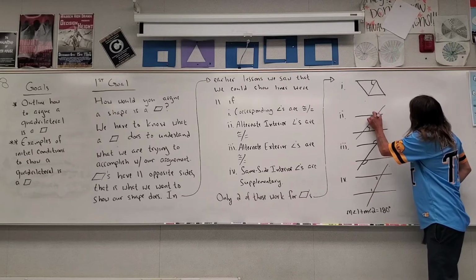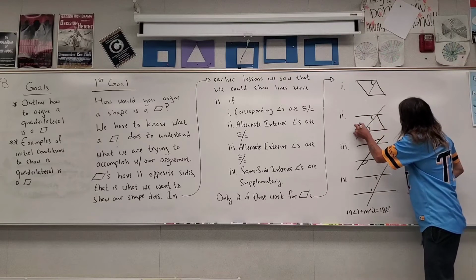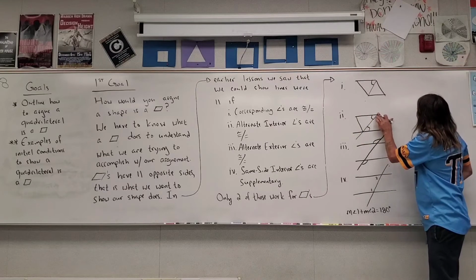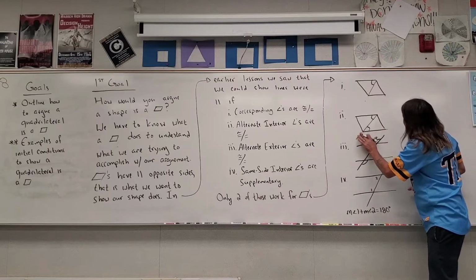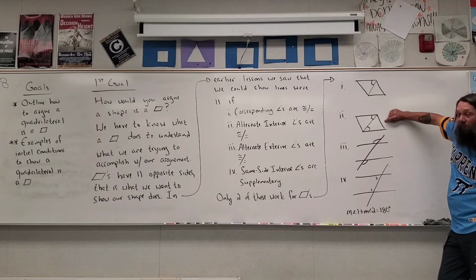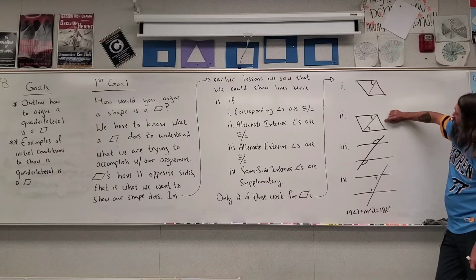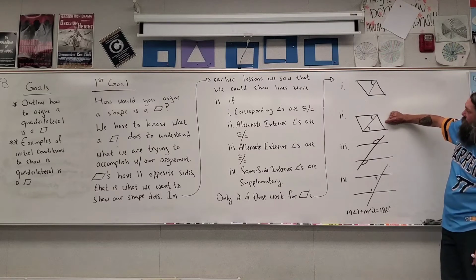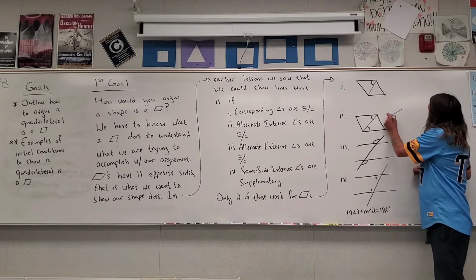If I do this, and I do this, and I erase the rest, we have alternate interior angles that can be congruent inside our parallelogram or 4-sided shape. This can happen in a 4-sided shape, okay?